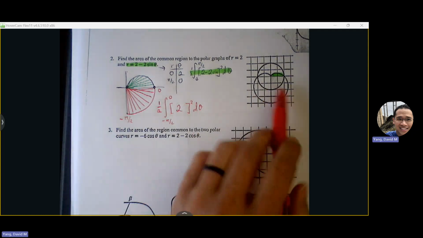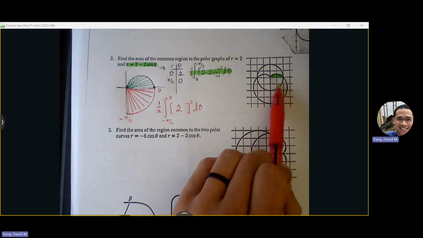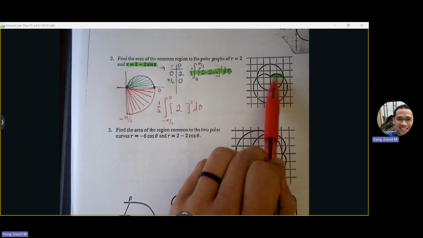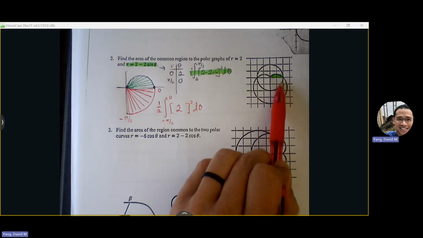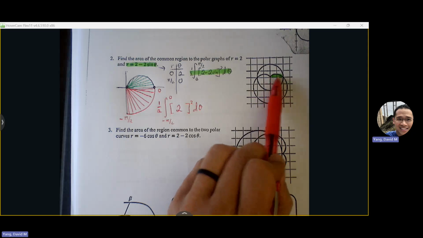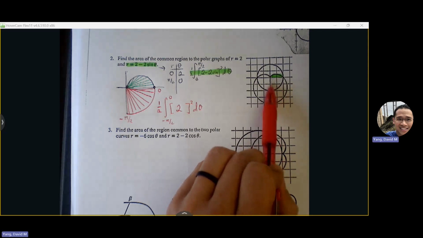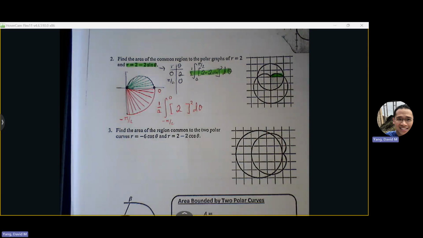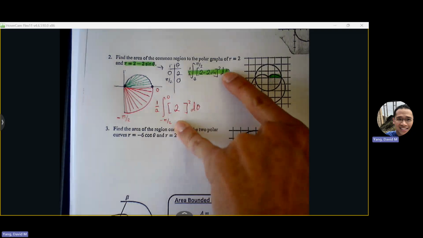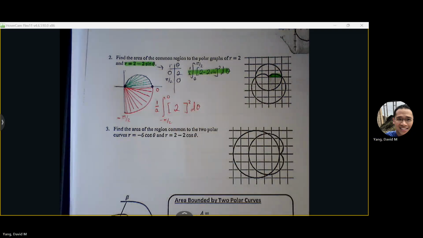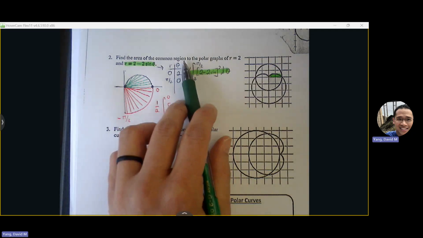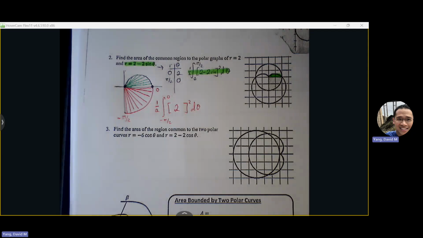Now you actually can do something here where you don't have to go through the polar formula, because this is a nice predictable shape. It's a circle, and this is a quarter circle. You can just take the area of a circle, divide it by 4, and that'll get us the same value. But either way, we're going to add these two together. Oh, my bad. It says find the area of the common region. Did we find all the common region?